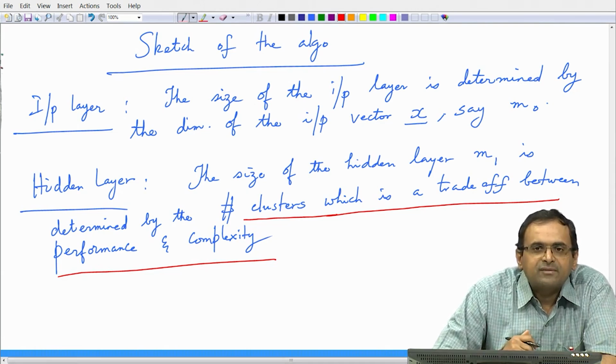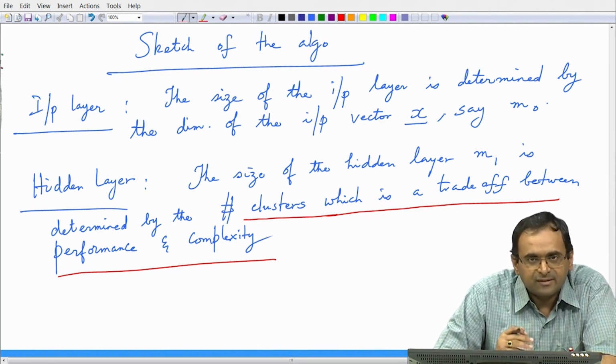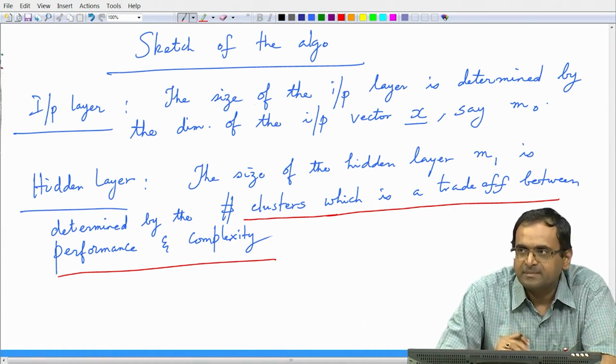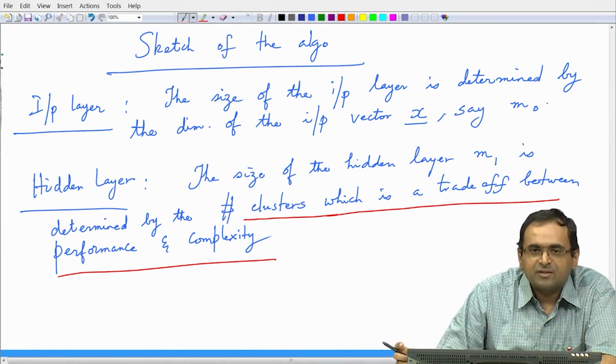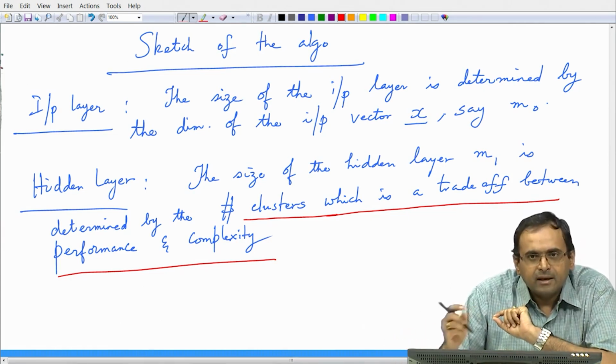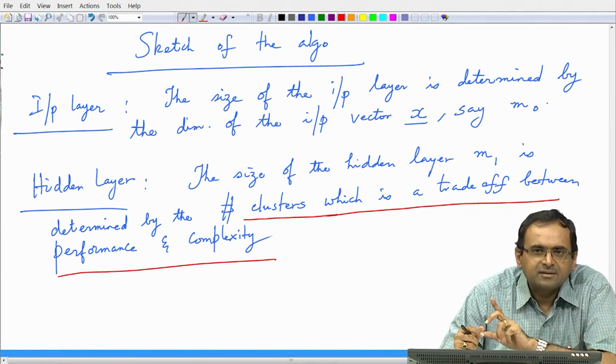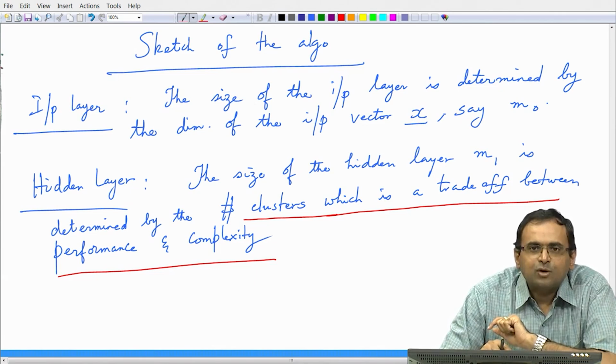You do not have to have capital N number of such units, as I discussed earlier. So, therefore, you have a computational reduction, and that would have some trade off in the performance, because ideally if you choose every data point as the center, your distortion would be really less, but you sacrifice the distortion with complexity.